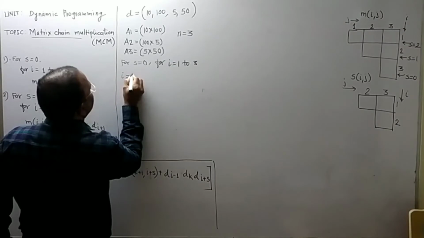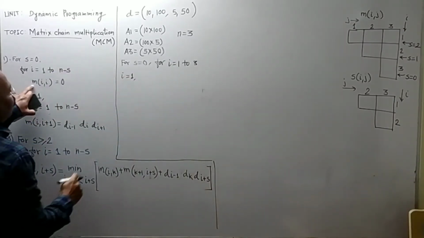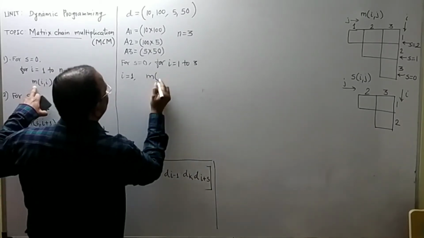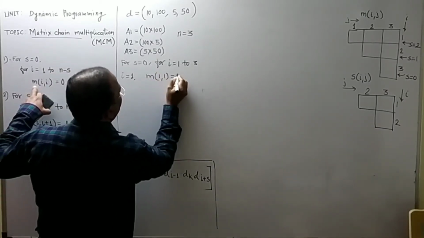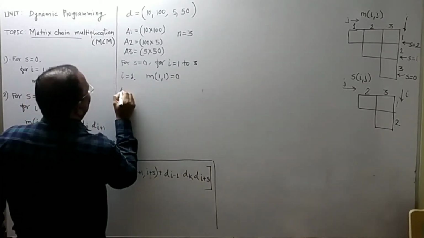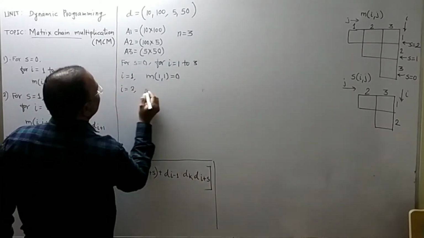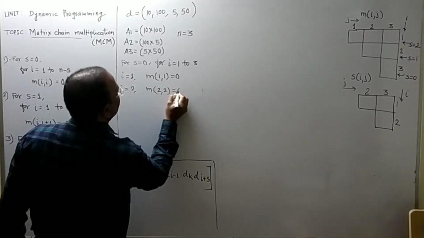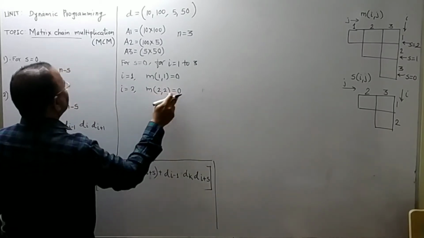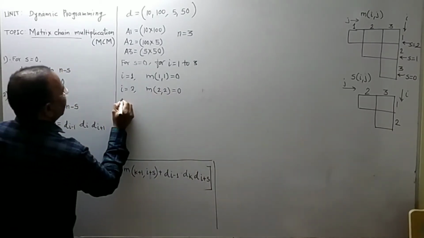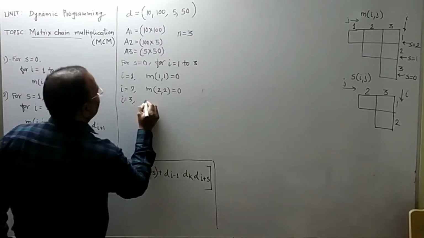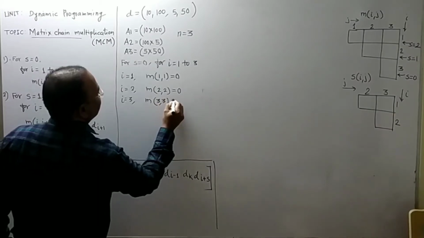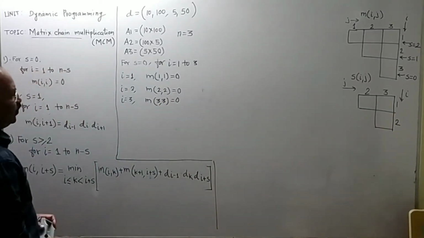For I is equal to 1, we have the instruction M of 1 comma 1 is equal to 0. For I is equal to 2, we have M of 2 comma 2 is equal to 0. For I is equal to 3, M of 3 comma 3 is equal to 0.